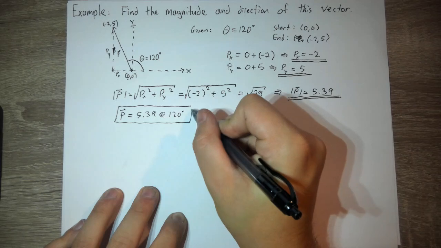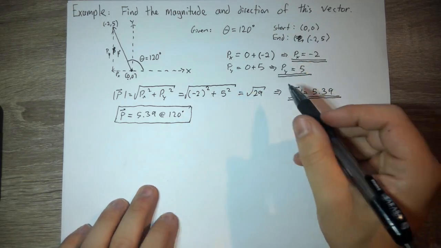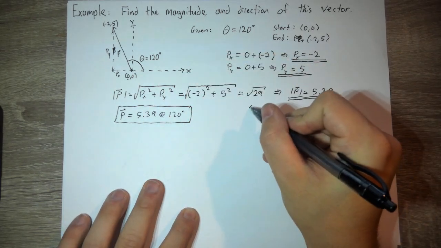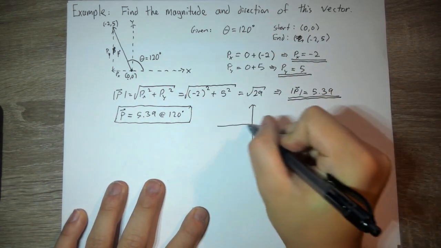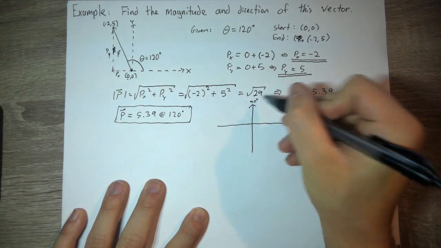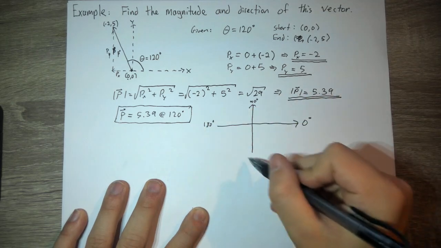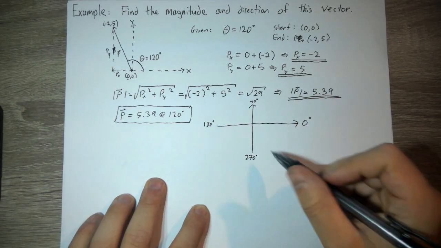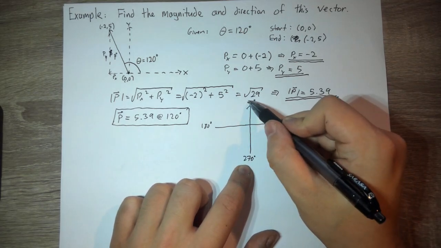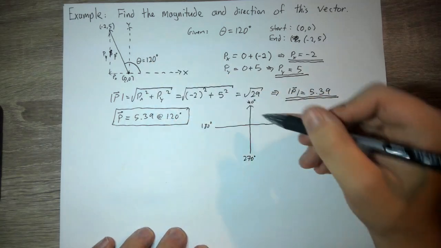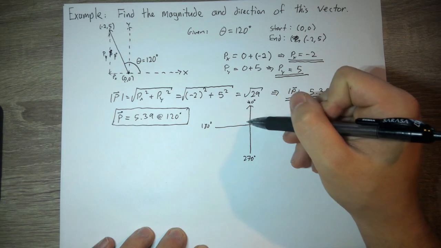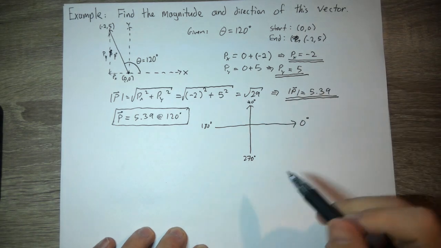That is a valid answer, because by convention, the positive x-axis is 0 degrees, this is 90 degrees, 180 degrees, and 270 degrees. So if you say 120 degrees, everyone knows it's in this quadrant here.